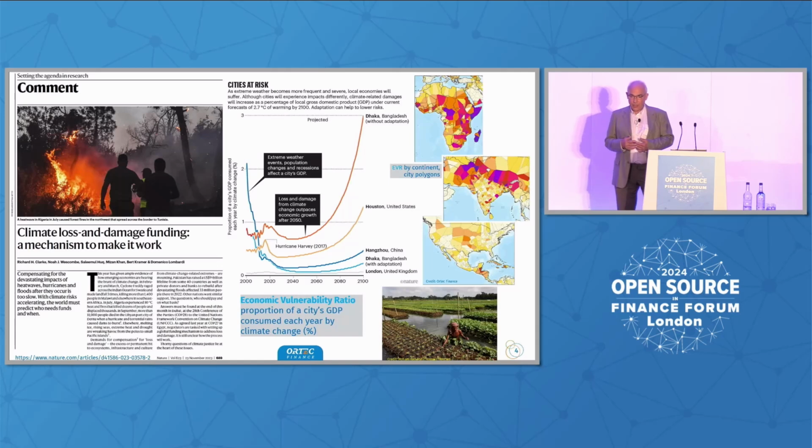So what we see in the diagram on the left is this economic vulnerability ratio. That's to say the proportion of a city's GDP that's eaten, as it were, by climate change divided by the city's GDP. So we're thinking in terms of 0.1% being a tolerable level. London has a figure like that. But at 1%, that's really going to impact economic development.